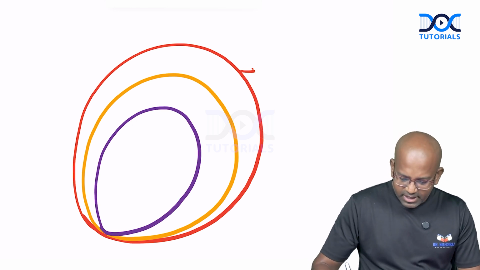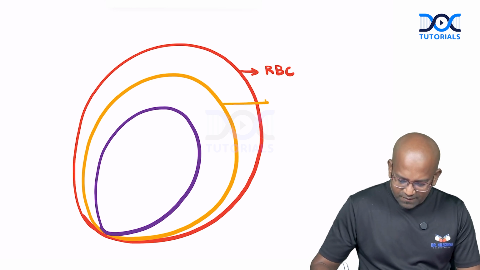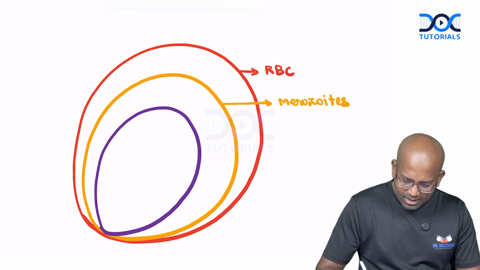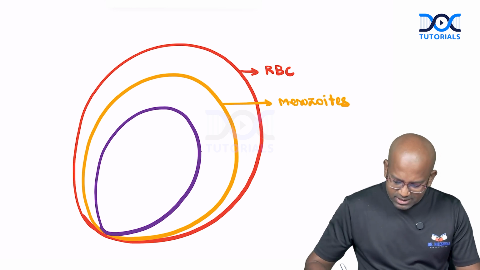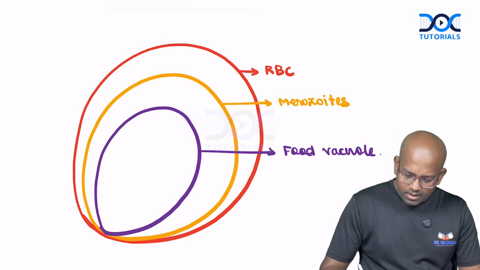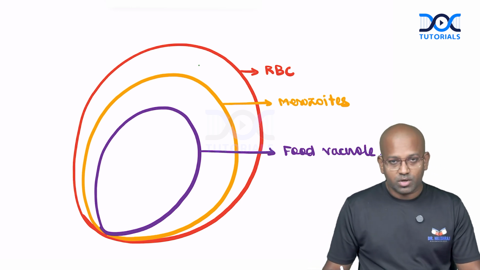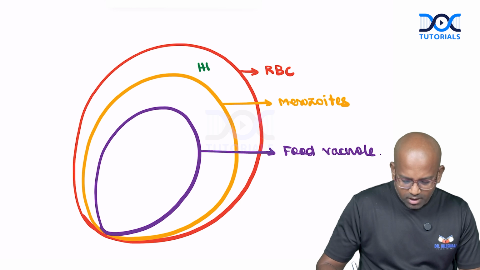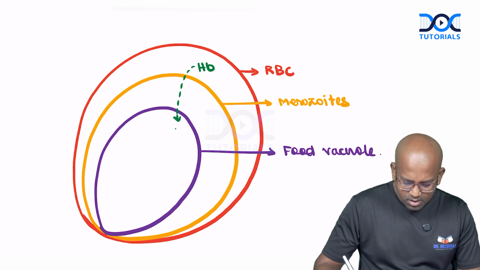So what are these three different areas? This is your red blood cell, and we have the Merozoites, and we have food vacuoles. These are the food vacuoles. Now what happens is this Merozoite will be taking up hemoglobin from the RBCs into the food vacuole.